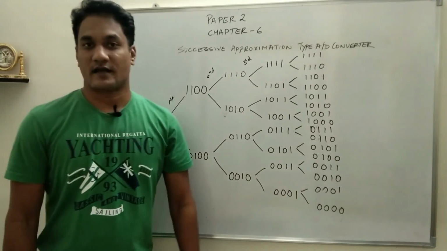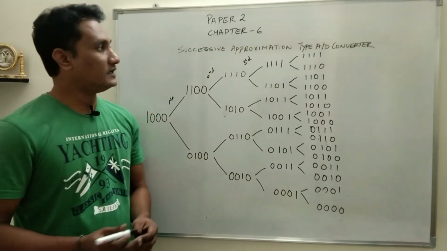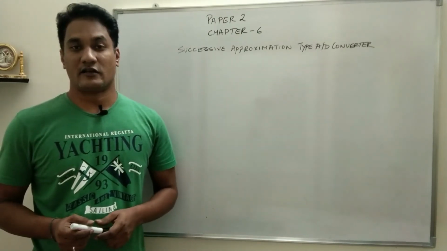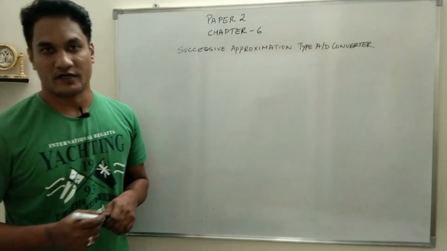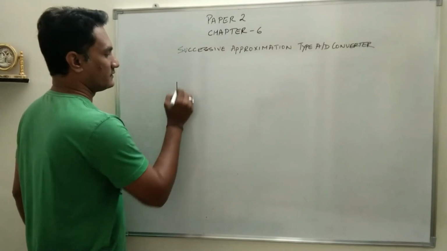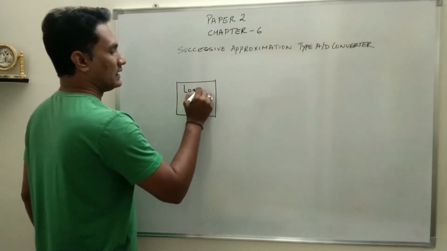So now let us try to understand the circuit diagram for the successive approximation type A to D converter. Let us try to understand the logic circuit of the successive approximation type A to D converter. So the first circuit, we call it the logic circuit.